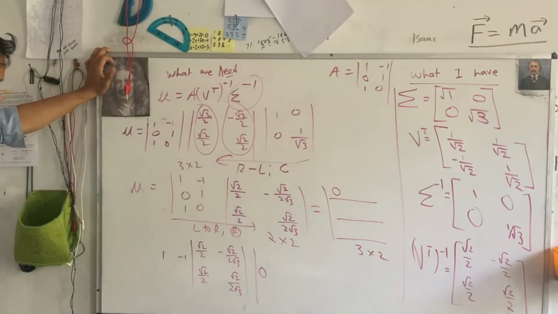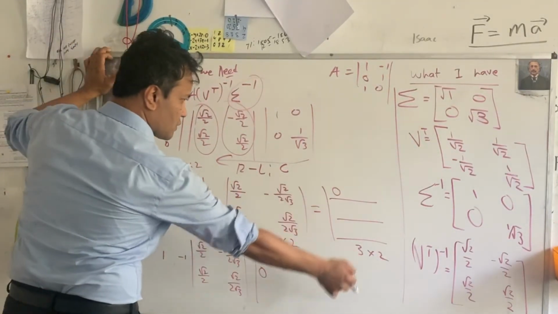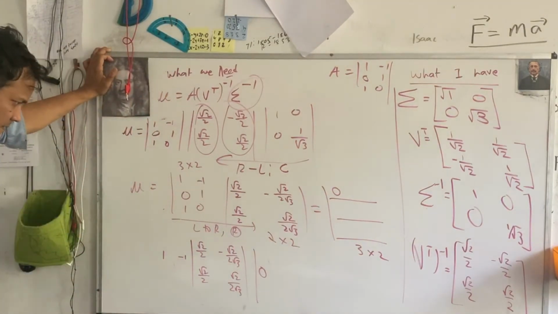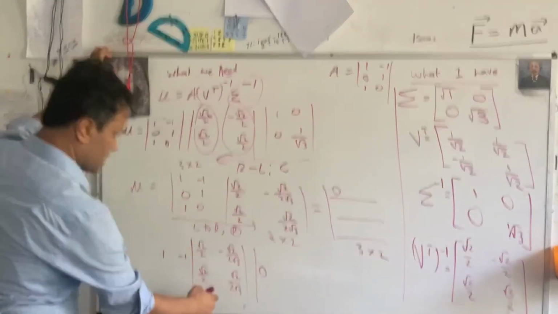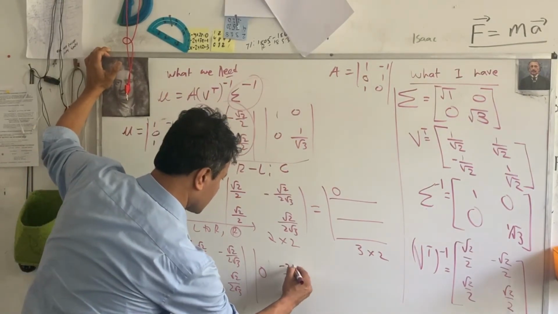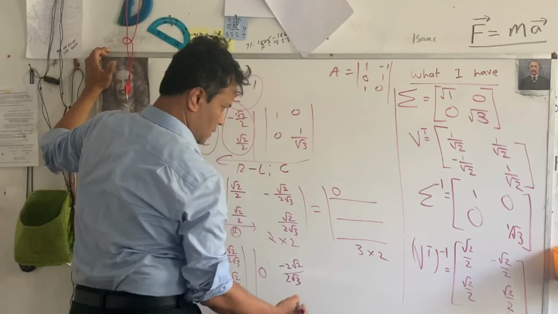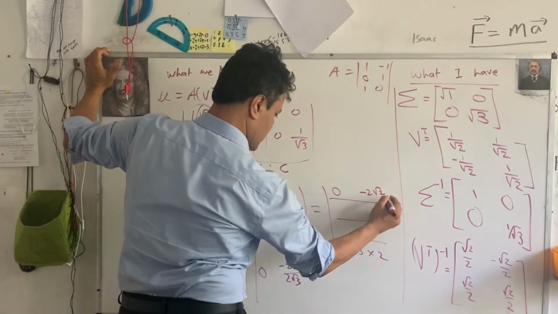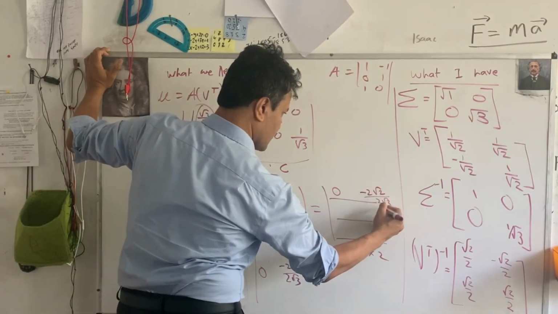3 rows, 2 columns. Okay, and this one minus this one: square root of 2 over 2 square root of 3 minus square root of 2 over 2 square root of 3.